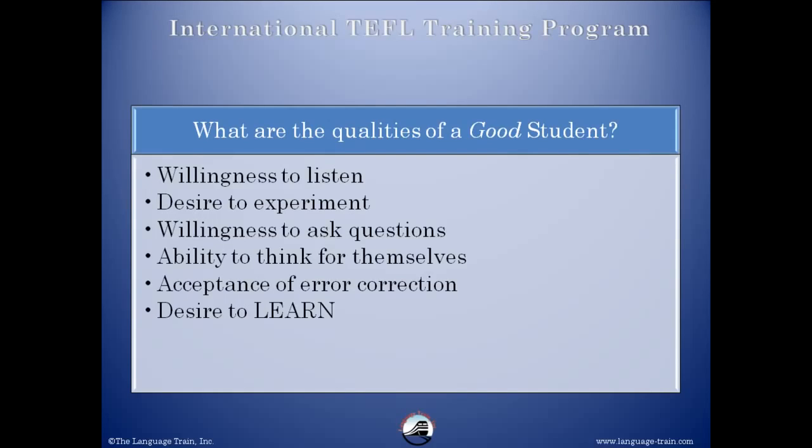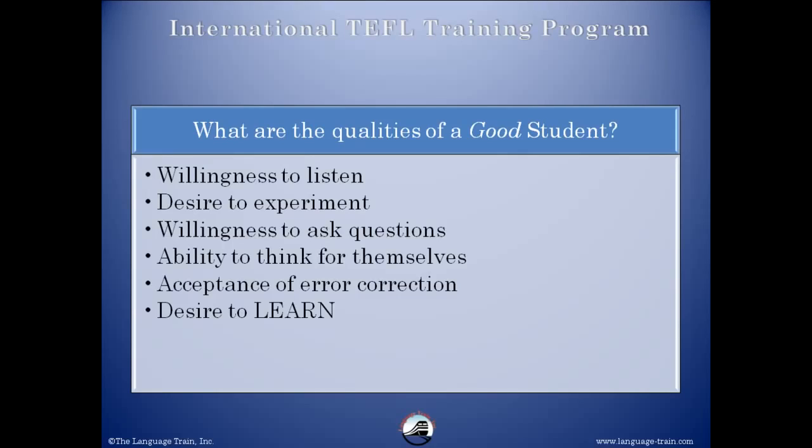There's many different reasons why a student will not accept error correction. Kindness and patience will help you to get through that barrier, hopefully. And we'll talk more about that later on in another module also.